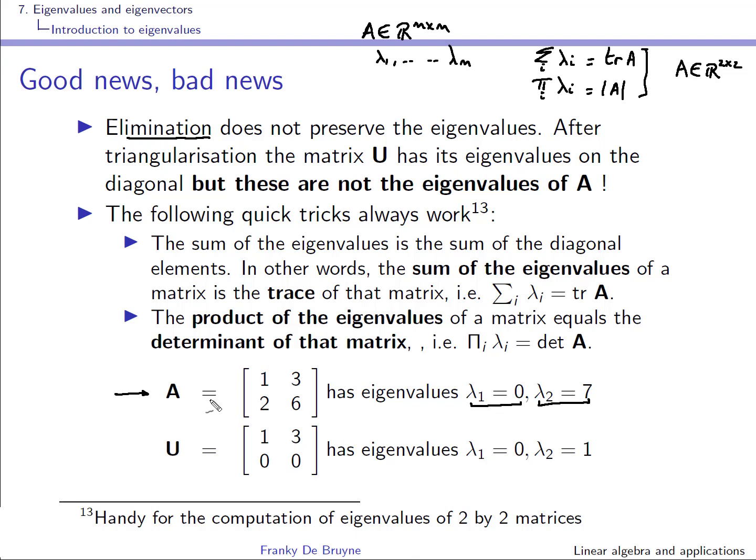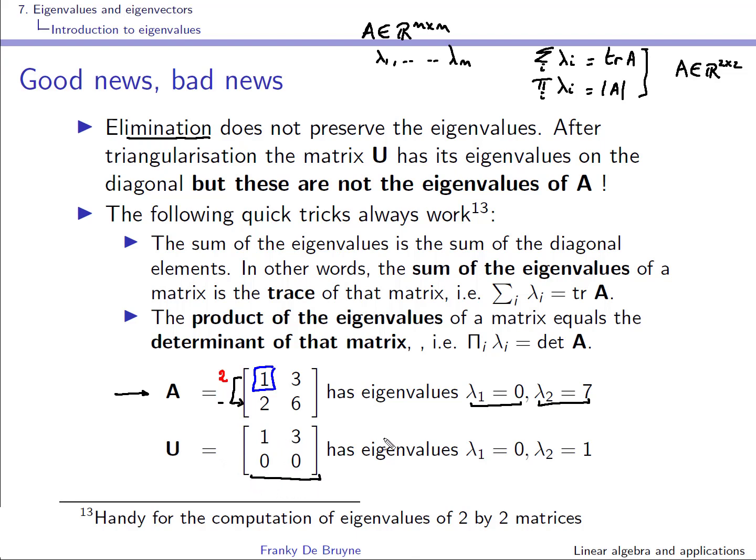So let's do elimination on this one. It's pretty easy, right? So we have got here the pivot. So we have to do this kind of operation with a multiplier that is 2. And this will lead to this matrix over here.